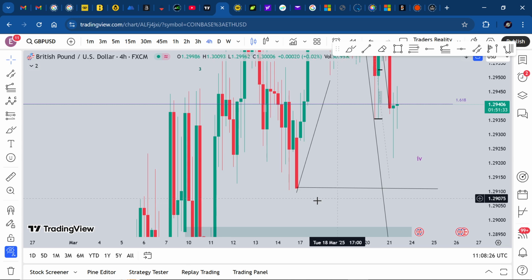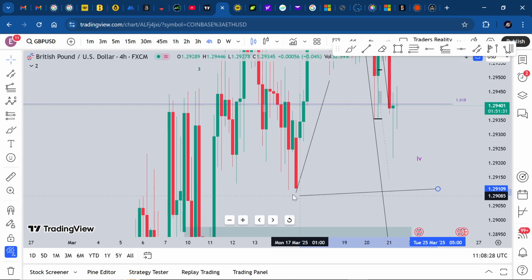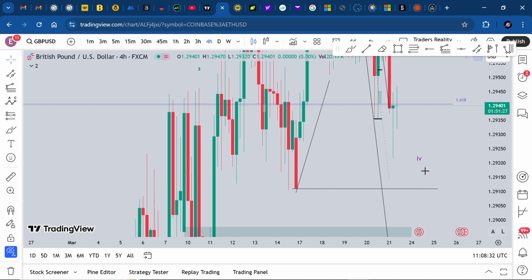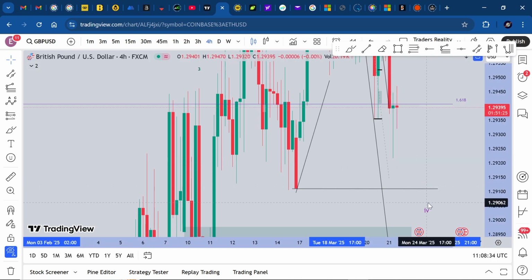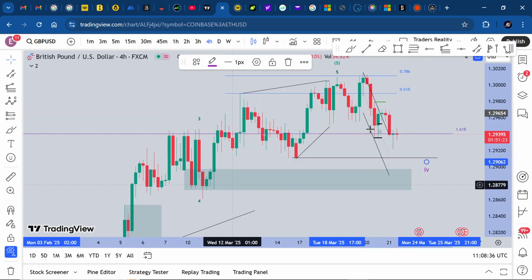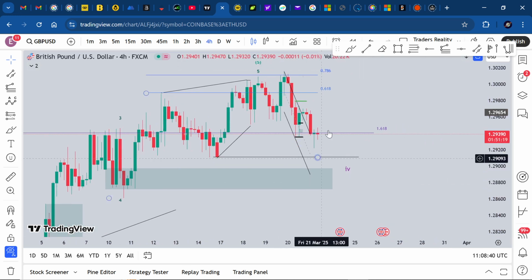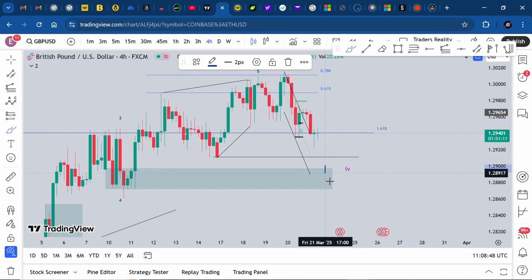I still expect price to take this out, at least. Still expect price to come down here, at least to some area of demand here. And we wouldn't look to take it up until we got a bullish breaker structure after price comes below this line. And preferably we see accumulation in this area.